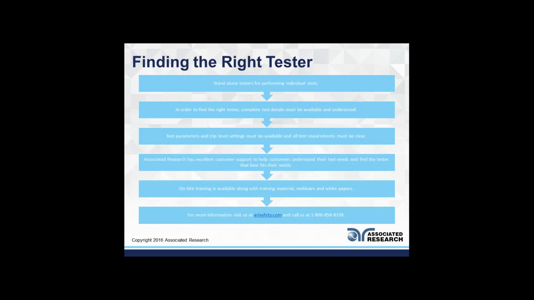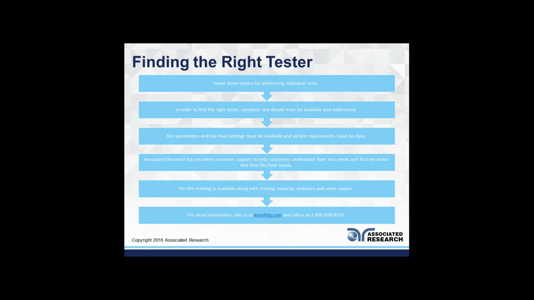Some other things to look at, I already mentioned some of these items here. If you have any questions, feel free to give us a call, or use our contact information and contact one of our applications engineers, including me, and we'll answer your questions about test types, test limits, how to perform a particular test, and any other issues you might be having.